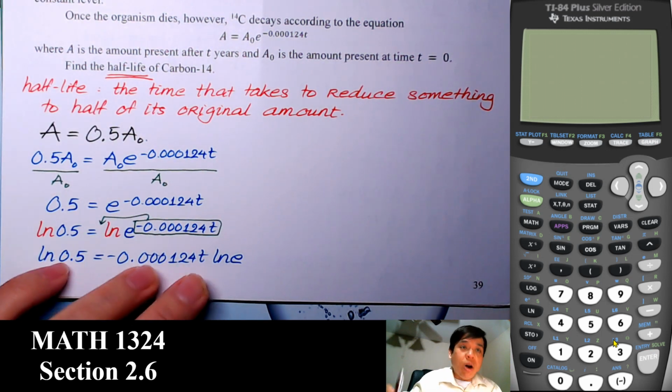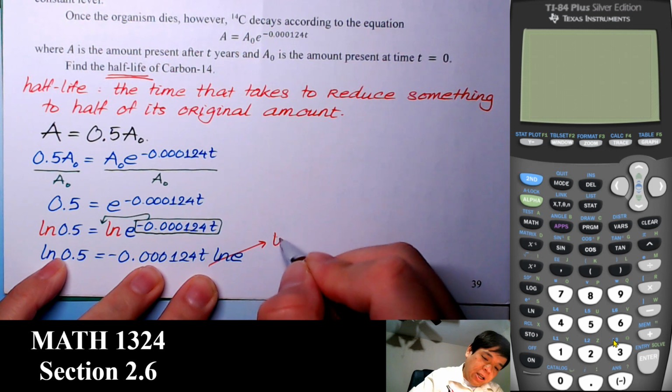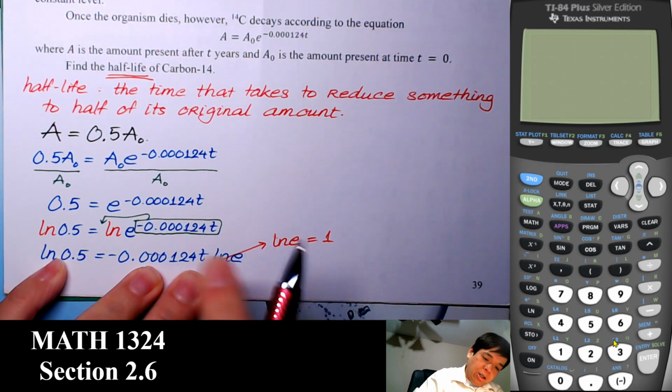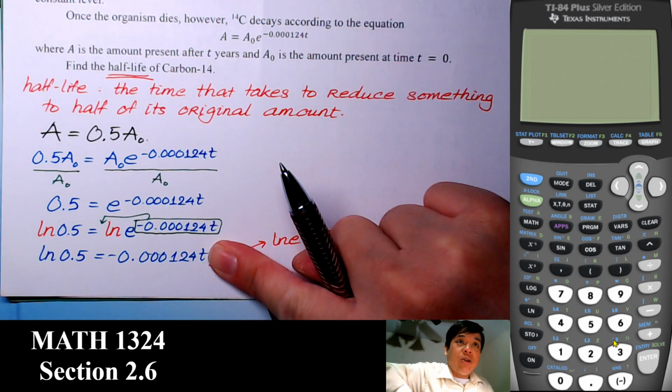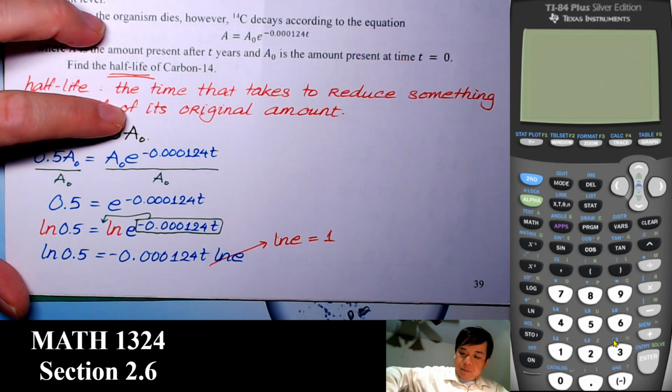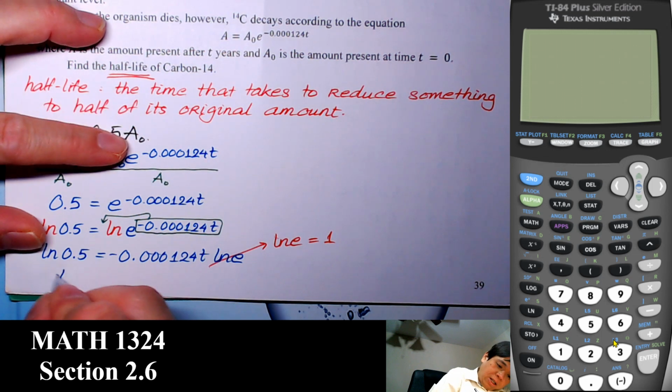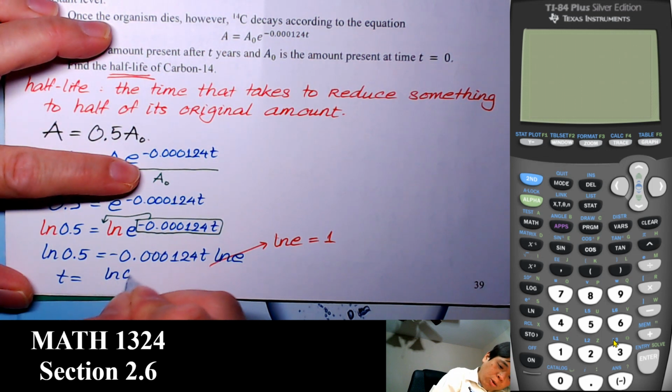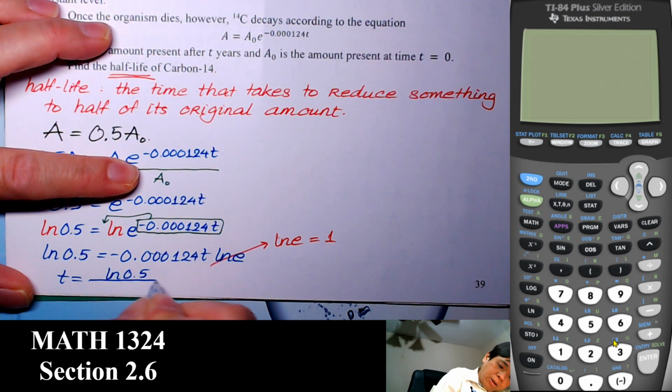I will say this quite often: ln of e is equal to 1. So that multiplied by 1 just cancels out, and we just have that. Now divide by this number, and we have t. So with this we have t equal to ln of 0.5 divided by this.